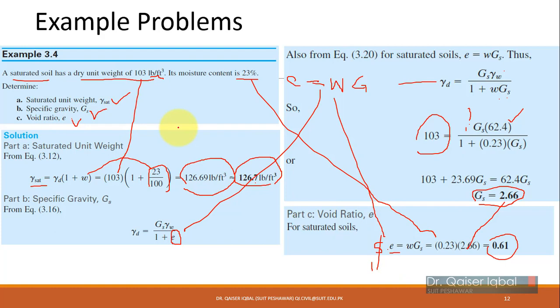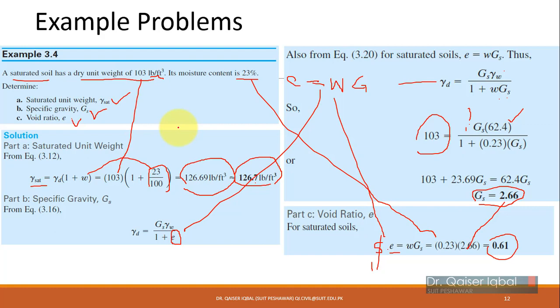There are a number of other numerical problems provided in the practice problem section or in the exercise section at the end of the textbook. You can try them for yourself. Don't get confused by having too many correlations.